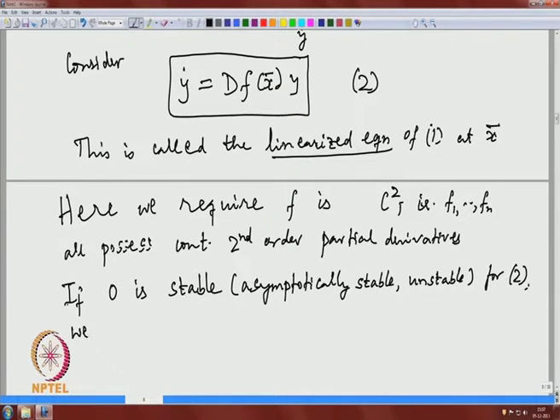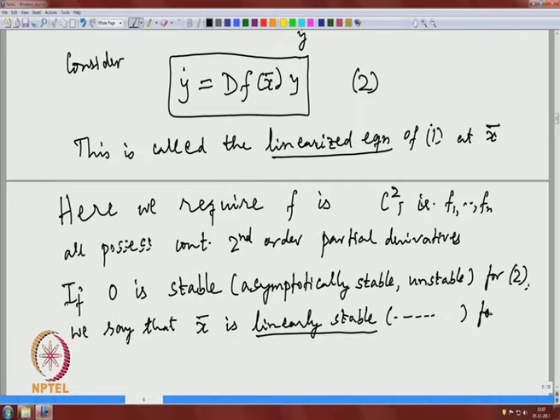we say that x bar is linearly stable, asymptotically stable etc. for 1. Okay.